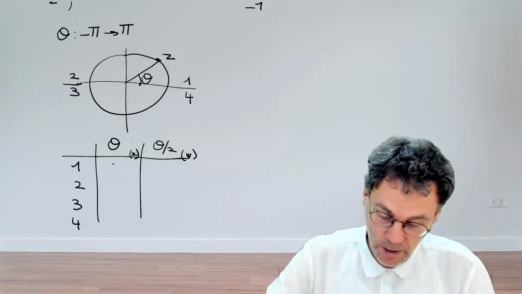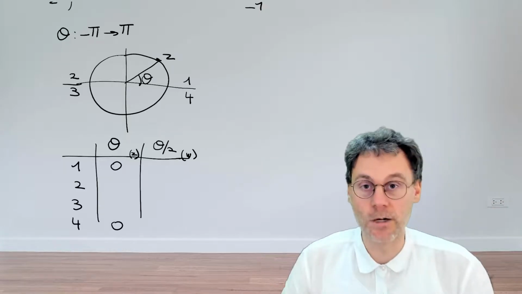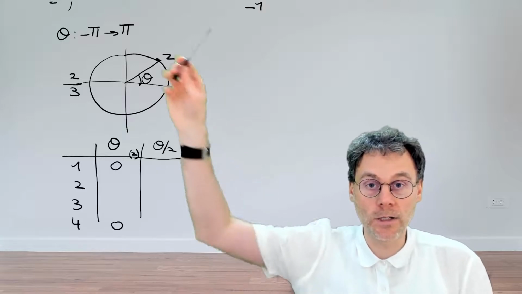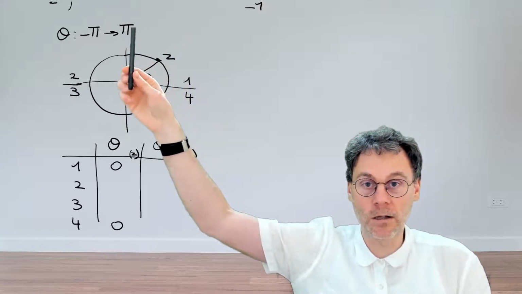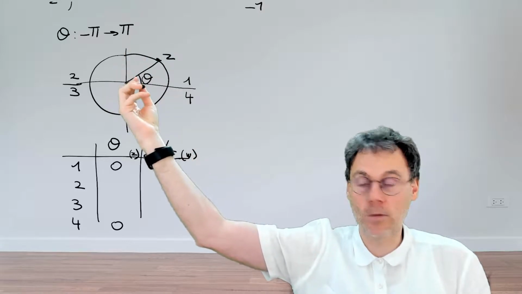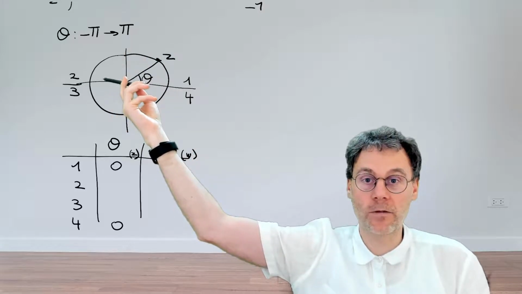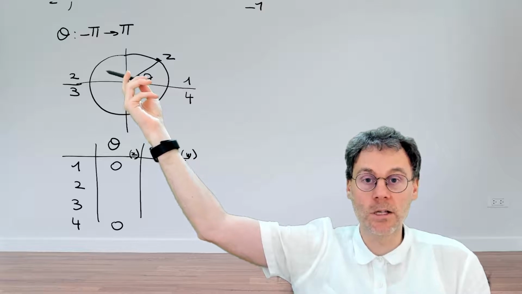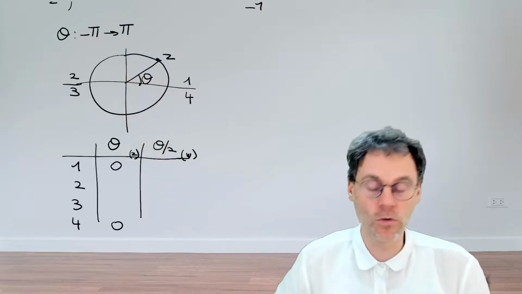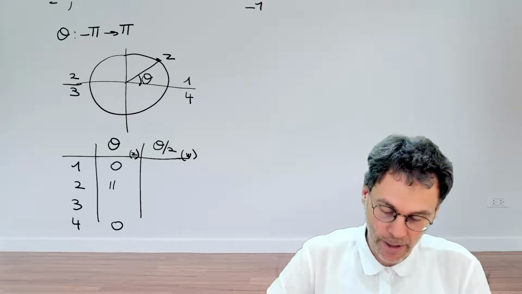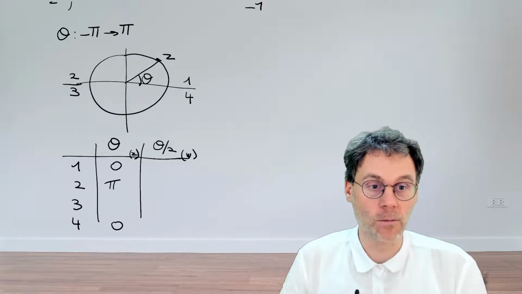So that's fine. For these 2 guys, you write 0. So let's now move our angle to the point 2. So we keep on increasing the angle until we're just above the negative real axis over there. And we see in this case, we're just short of pi. And in the limit for the point 2, we will end up at pi, which is indeed in the interval minus pi to plus pi.